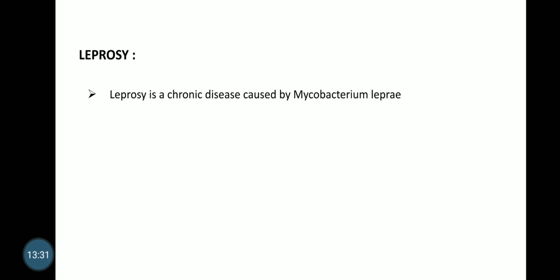The next topic, that is leprosy. Leprosy is also a chronic communicable disease caused by Mycobacterium leprae. It is also known as Hansen's disease. It produces nodules on the skin and loss of sensation in the affected region.